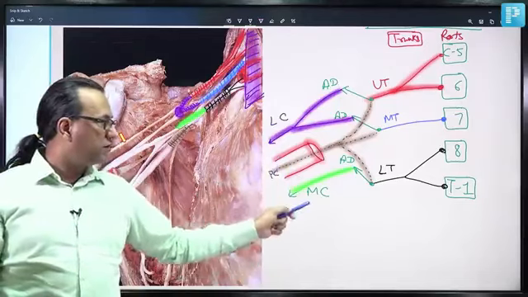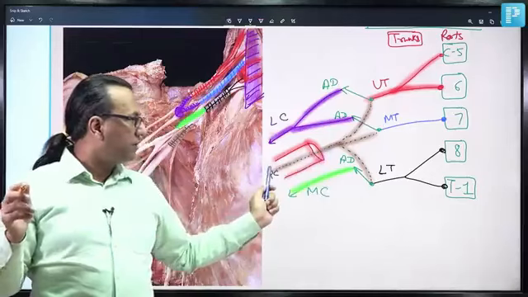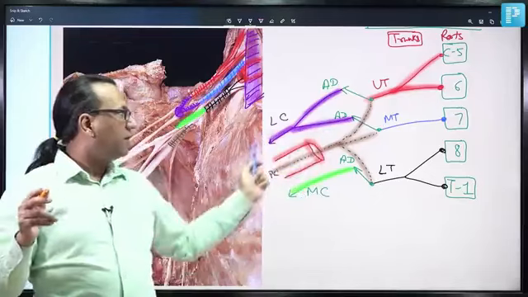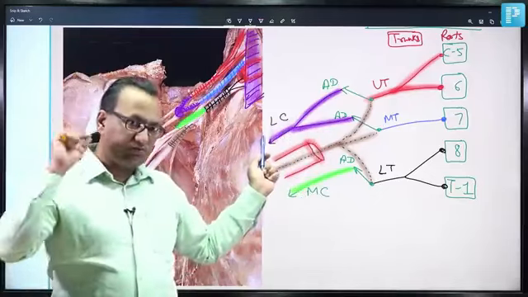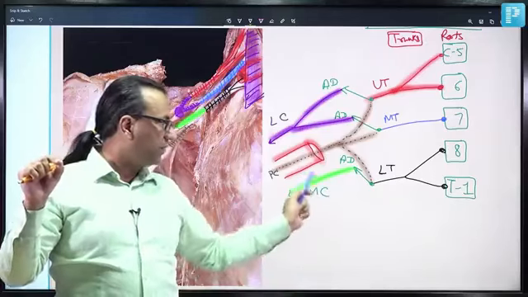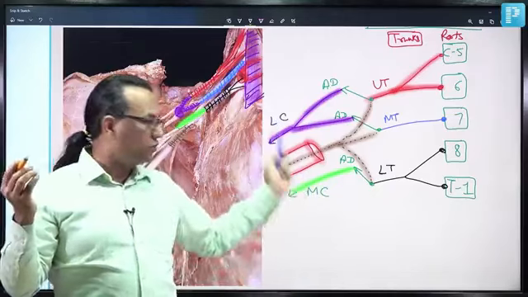Posterior cord, medial cord, and lateral cord, out of which we are skipping the posterior cord at the moment, and we'll just continue with the lateral cord and medial cord. Remember, the lateral cord of brachial plexus continues as the musculocutaneous nerve, whereas the medial cord will continue as the ulnar nerve. So let us focus upon those two now.